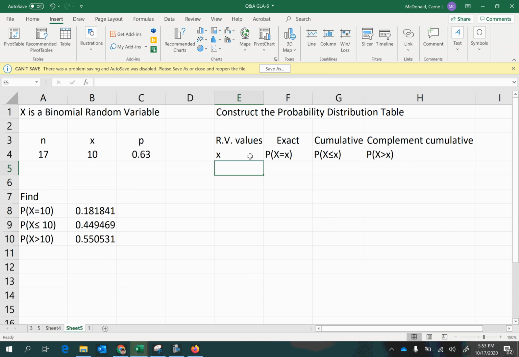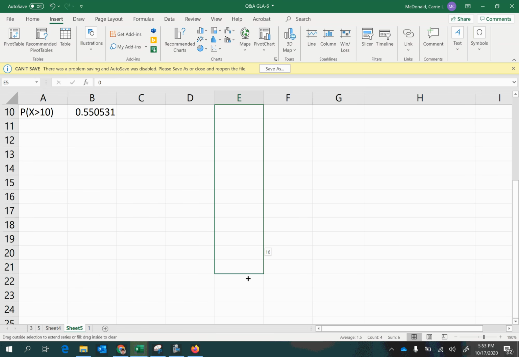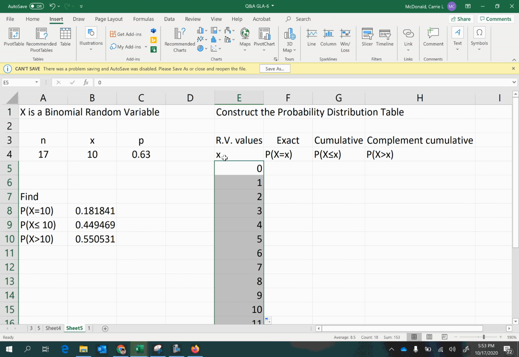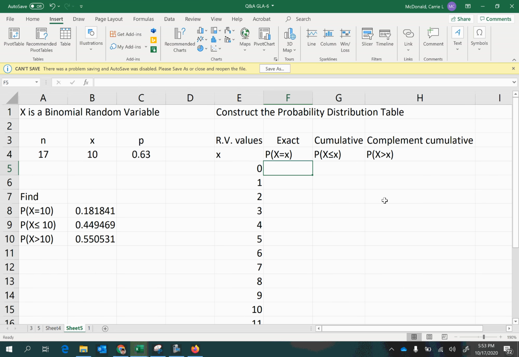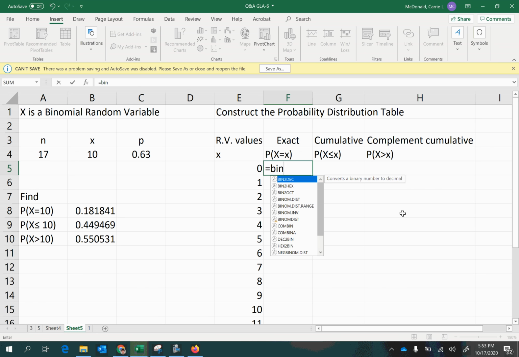So we can calculate all of this. Now, if you have 17 trials, you can have anywhere from 0 successes in 17 trials, 1, 2, 3, and so on. And once I establish a pattern, I can just bring that down to 17. One more. Okay, so now I have all my random variable values.